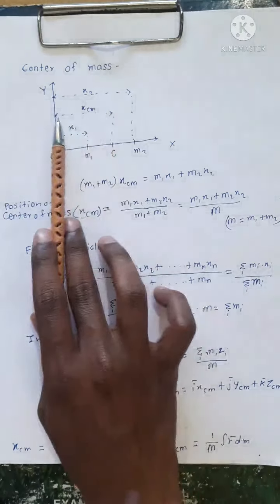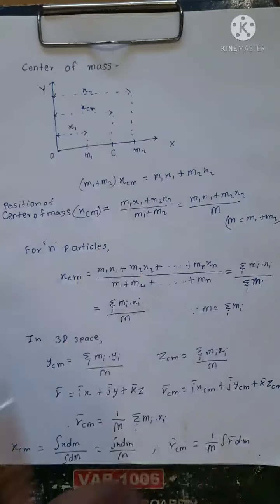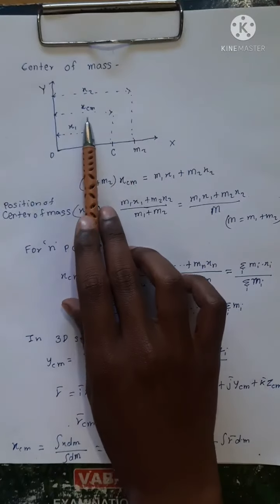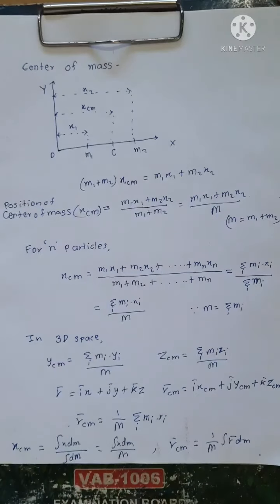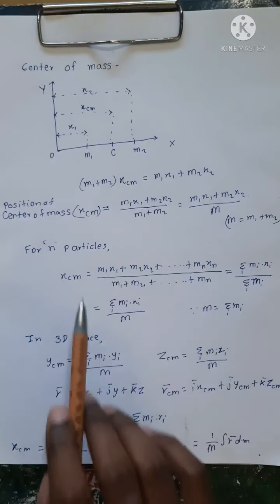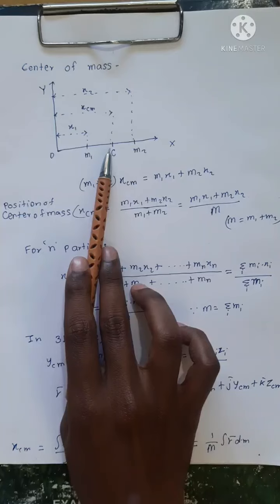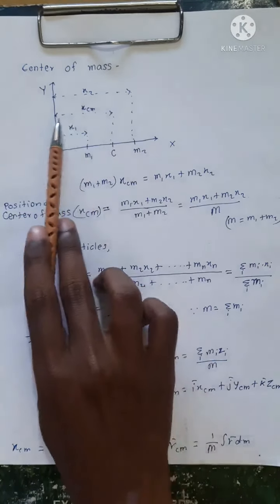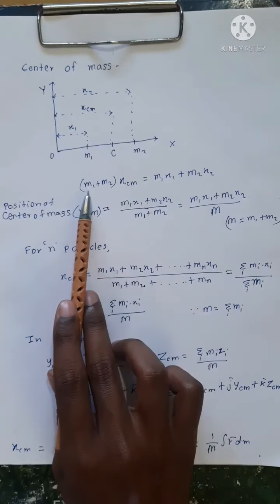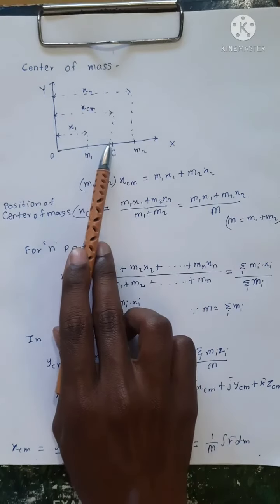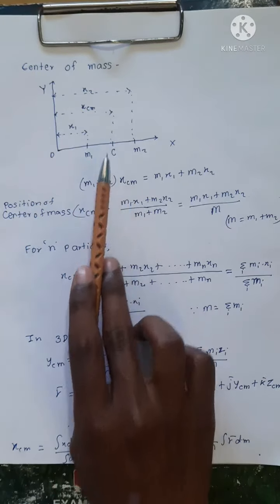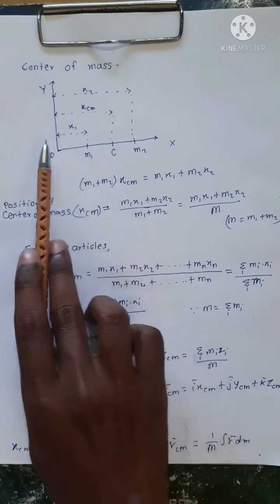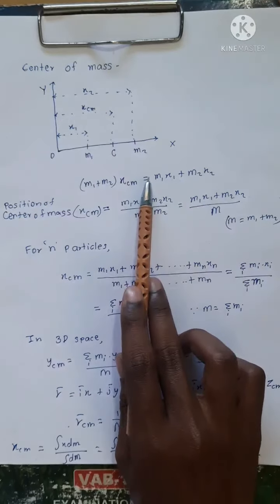So at this point, its distance from the origin is x cm, that is the center of mass. Let's write mass moments. So we can write the mass moment at this point as the distance and the total mass. The total mass we know is m1 plus m2, the point where we are supposing the whole mass of the system is concentrated, and this distance from the origin.